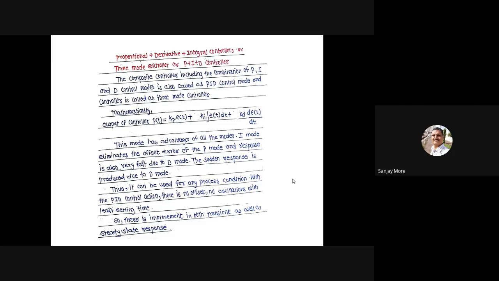Then write down: this mode has the advantages of all the modes. First, the I mode, I means integral, eliminates the offset error.